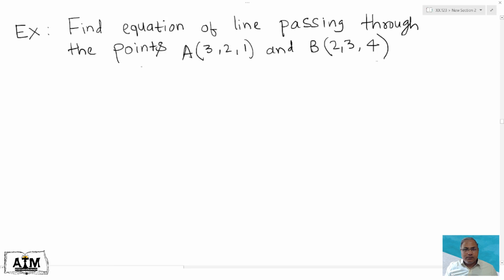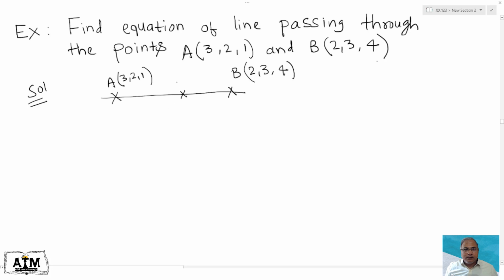To support the above concept, the above theorem, let us take one practical example. Find the equation of the line passing through the point A (3, 2, 1) and point B (2, 3, 4). Solution. We'll draw a rough diagram here. The point A and point B, coordinates of point A are 3 2 1 and coordinates of point B are 2 3 4.